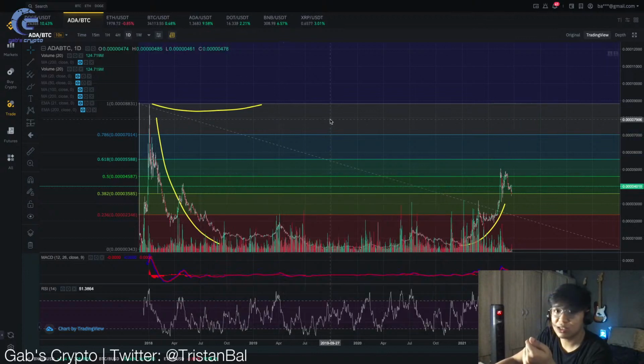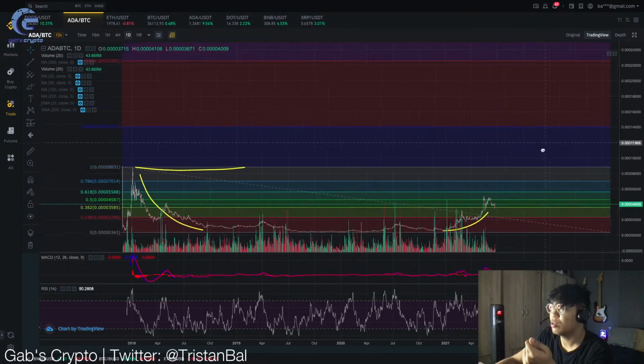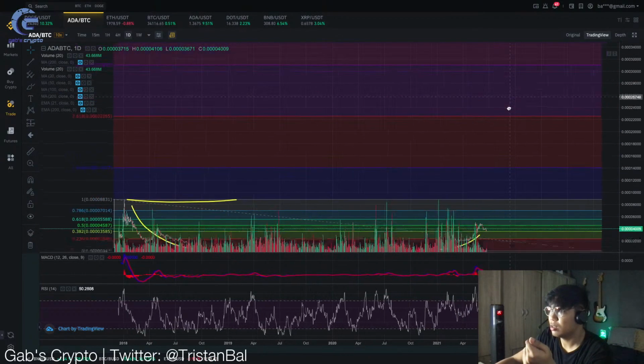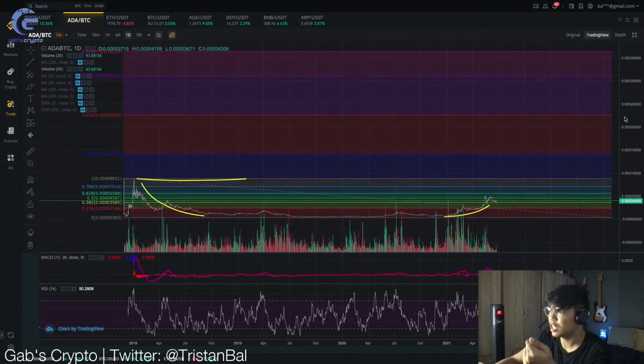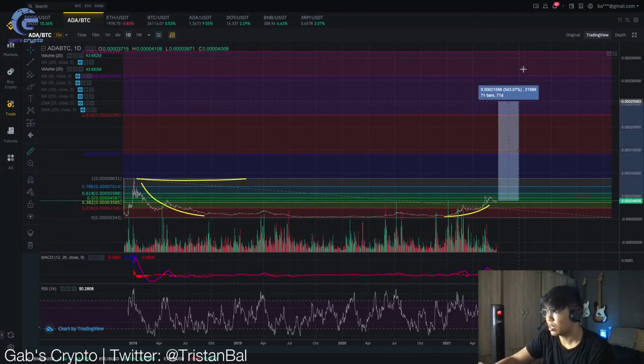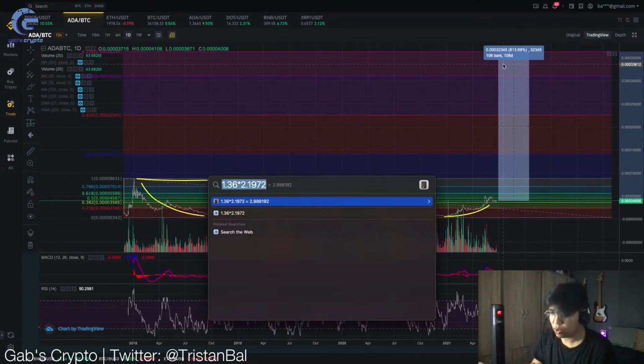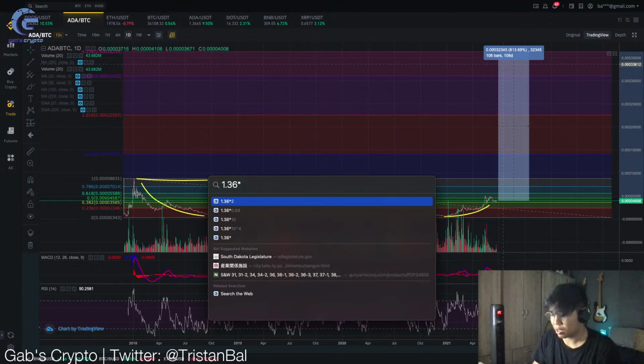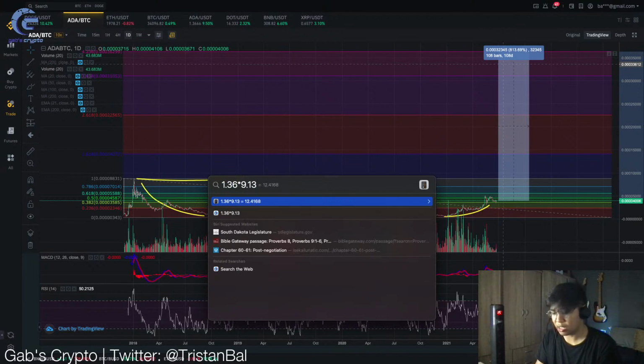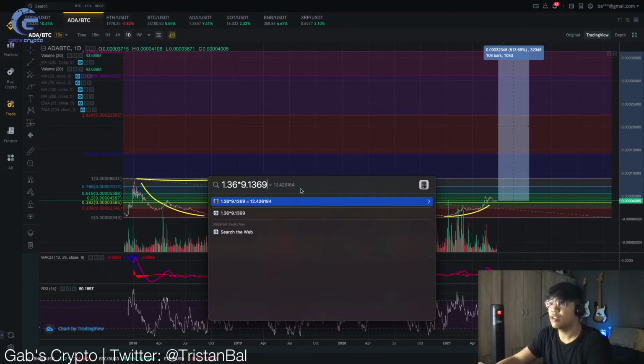Pero, what's the most idealistic or yung highest possible price action natin for Cardano? It's actually this one. So, let's try to compute this. So, 800%. So, 1.36 times 9.1369. $12 is yung pinakang ceiling price niya.